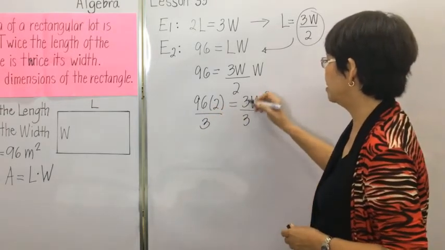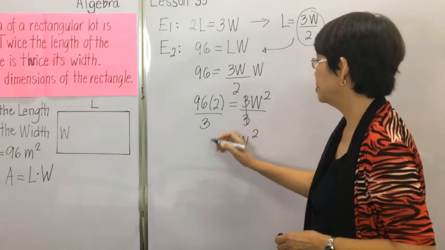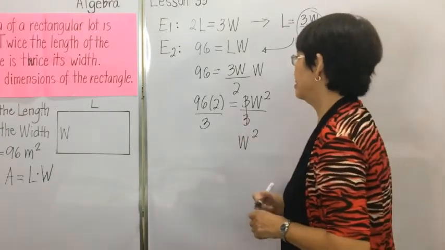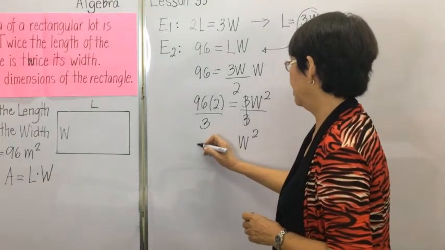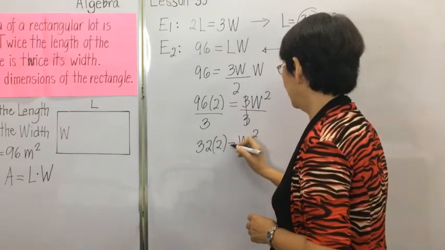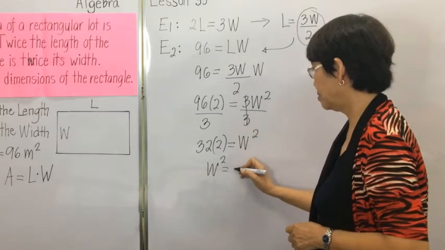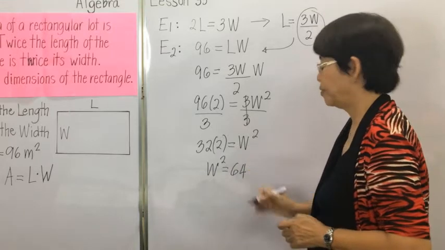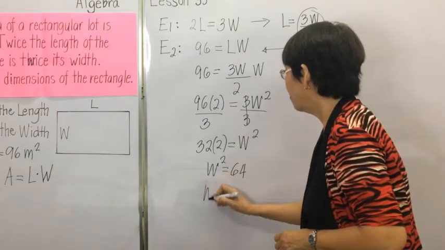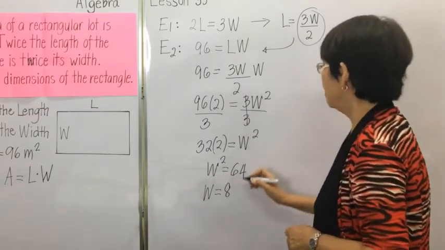So we can cancel this. W squared, then 96 divided by 3 is equal to 32, times 2. So we have W squared is equal to 64. And taking the square root of both sides, we have W is equal to 8 meters.